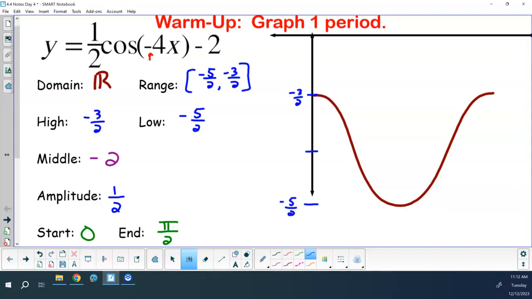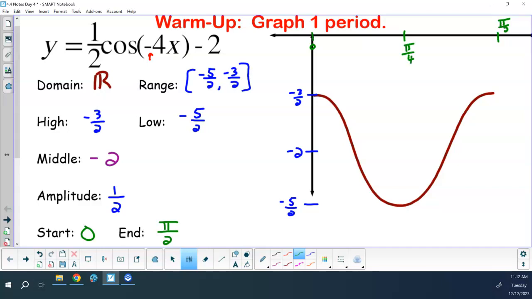Our middle was -2. We started at 0. We ended at Pi/2, which means halfway is Pi/4.